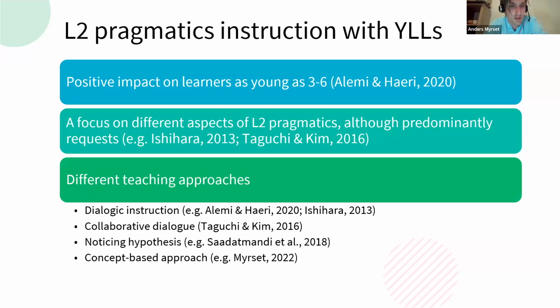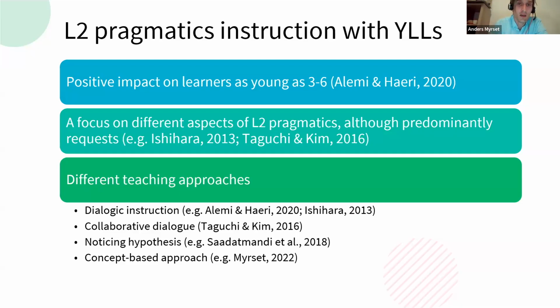So we have studies that have tried dialogic instruction with learners. We have studies that have tried collaborative dialogue, looking at collaborative dialogue versus individual work. We see studies that are based on the noticing hypothesis, so Schmidt's work with explicit and implicit instruction. And then a concept-based approach, which is where my research comes in.